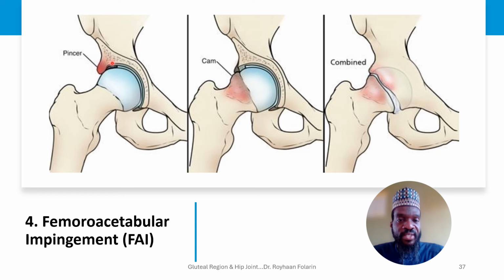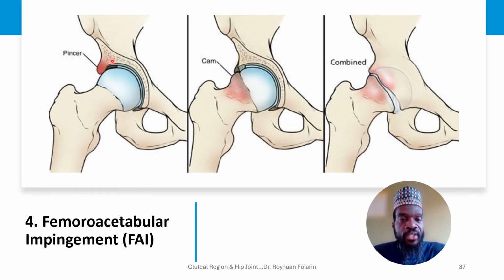So this is what is called the pincer type of femoroacetabular impingement.